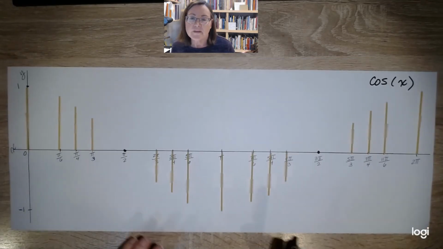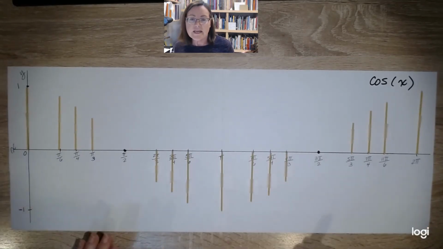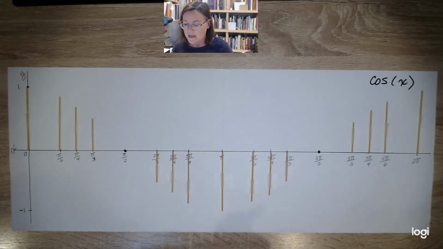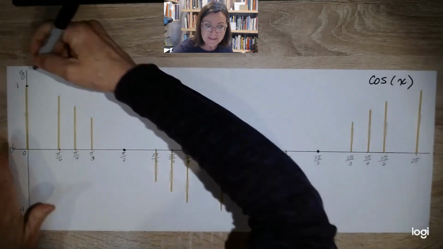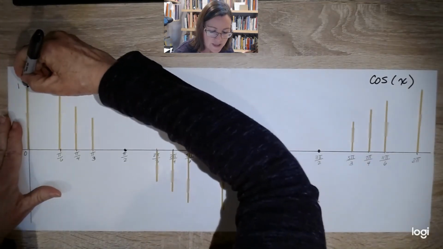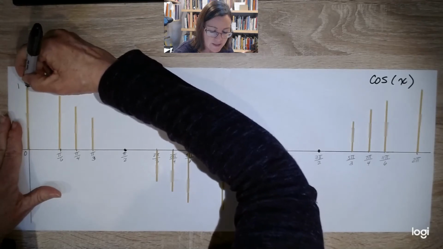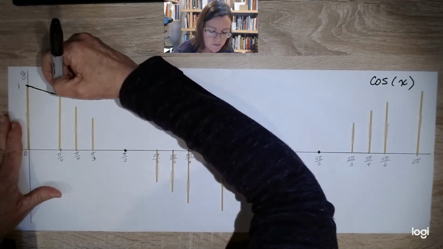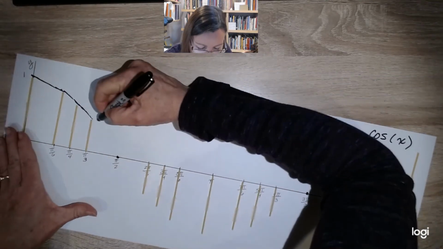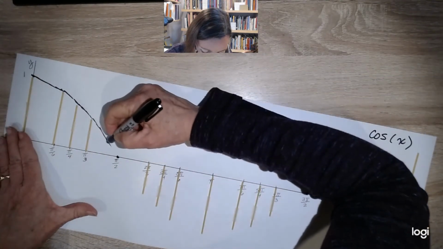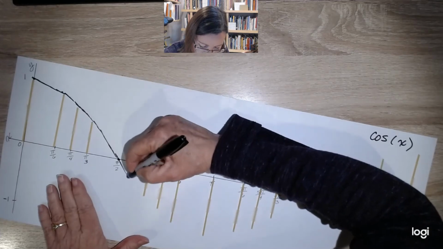Now I have everything taped down, and I'm going to take a moment to sketch the graph, with each of these indicating the height or the depth of y, which in this case is cosine. So we have this nice little curve, and again, I'm trying to make it curvy, not straight. We're not doing straight lines.